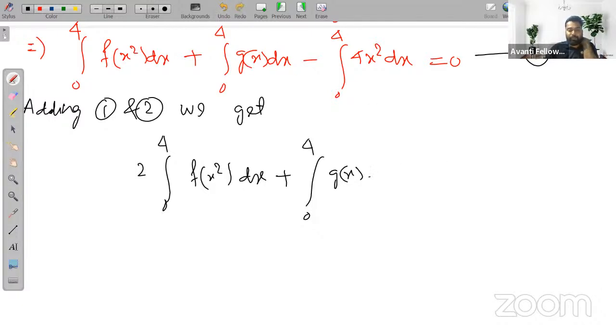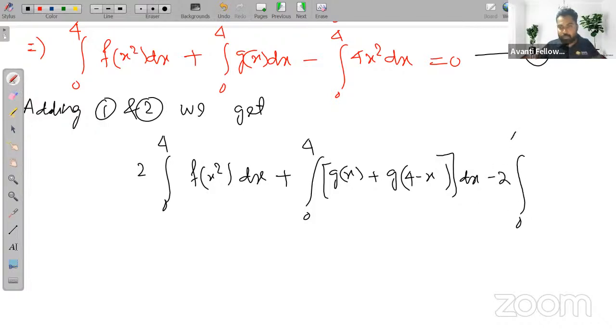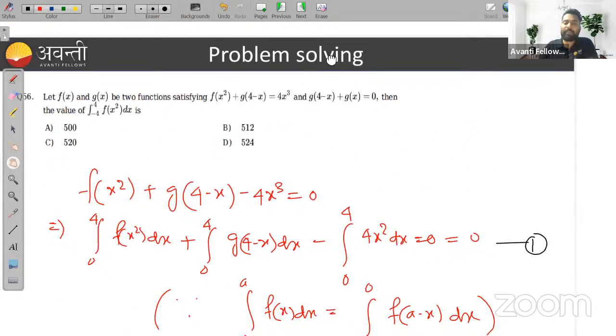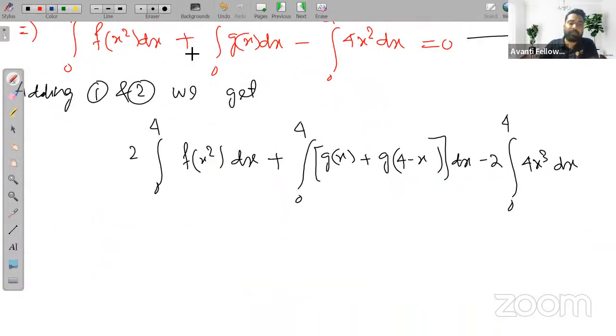Directly we can write g of x plus g of 4 minus x dx plus minus 2 into 0 to 4 4x cube dx, right? And in the question it is given that g of x plus g of 4 minus x is 0. That means this integral becomes 0.